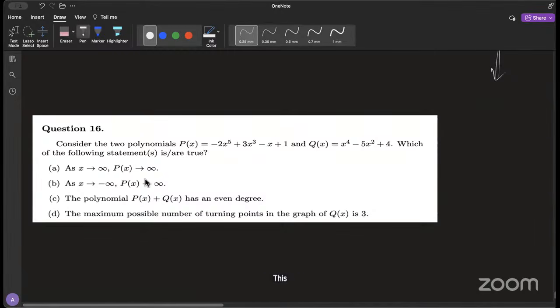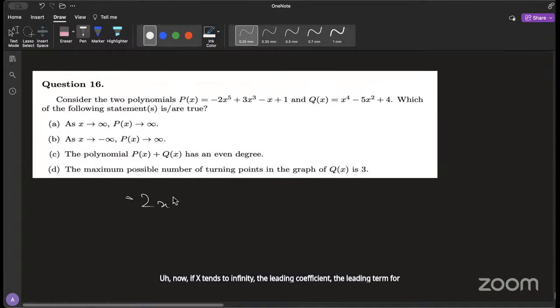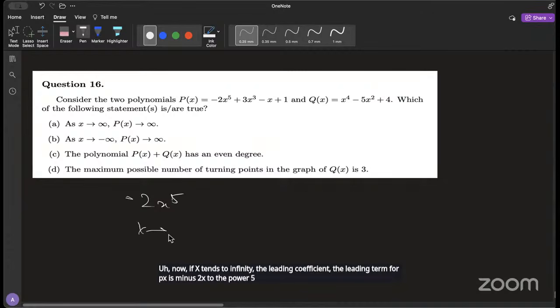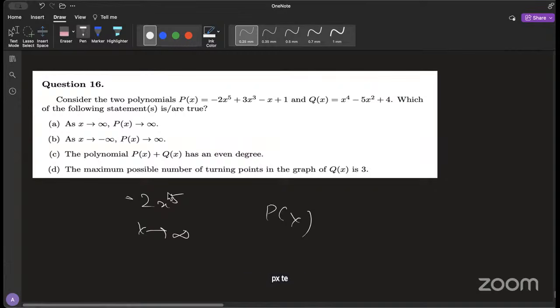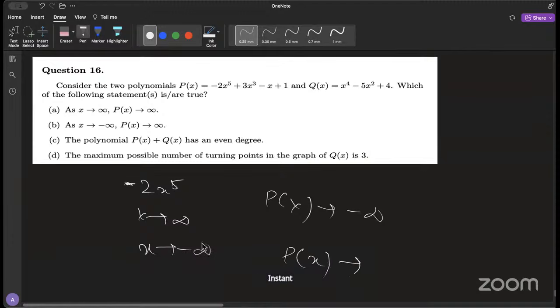This is the last question. Consider two polynomials. If x tends to infinity, the leading term for p(x) is minus 2x to the power 5. As x tends to infinity, this tends to infinity, and we have a minus here, so p(x) tends to minus infinity. If x tends to minus infinity, p(x) tends to plus infinity.